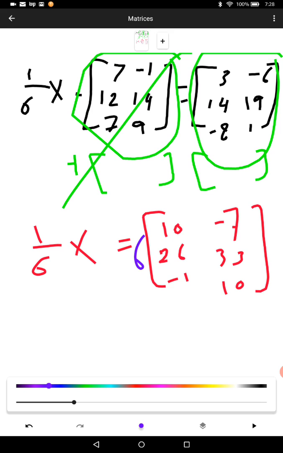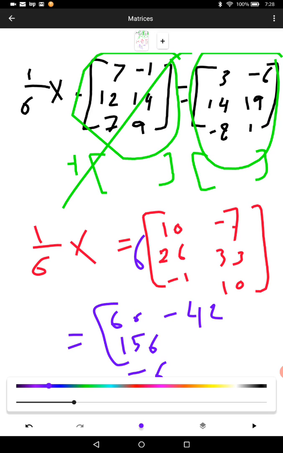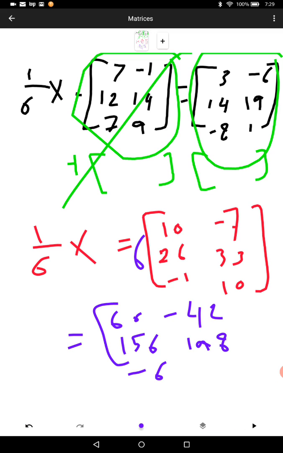And you know, if you multiply a matrix by a constant, we name it a scalar product. So you have to distribute the 6 over each element inside the matrix. So your answer will be 6 times 10 is 60, 6 times negative 7 is negative 42, 6 times 26 is 156, 6 times negative 1 is negative 6, 6 times 33 is 198, and 6 multiplied by 10 is 60.